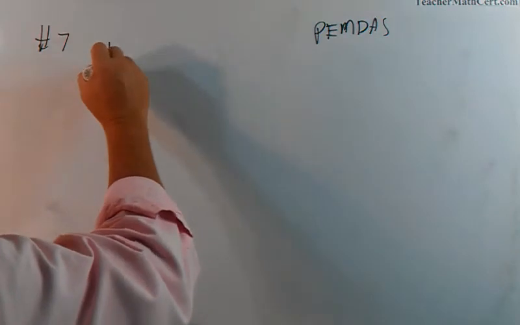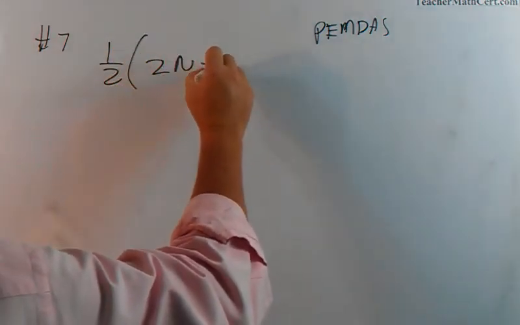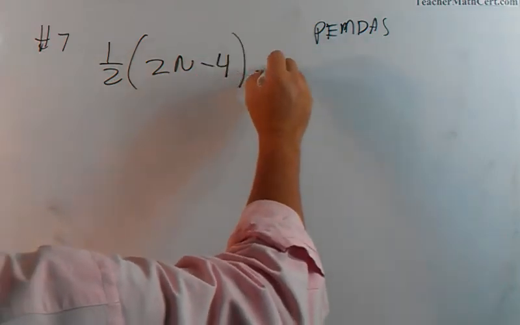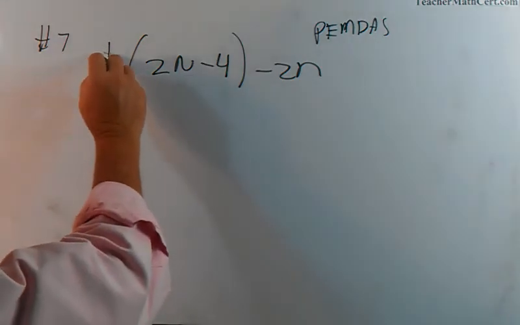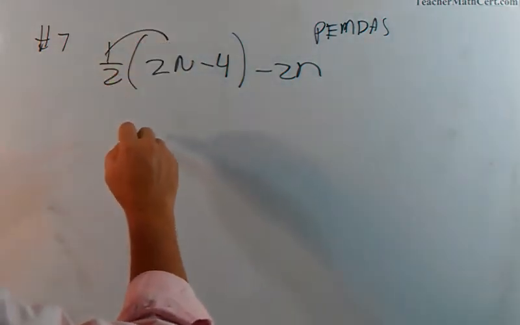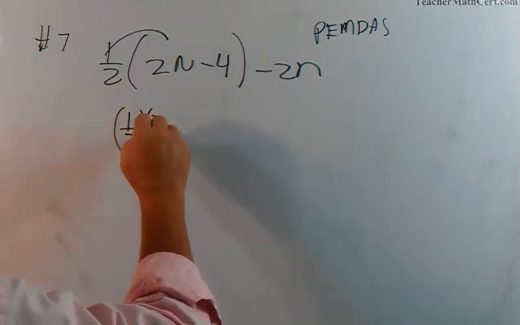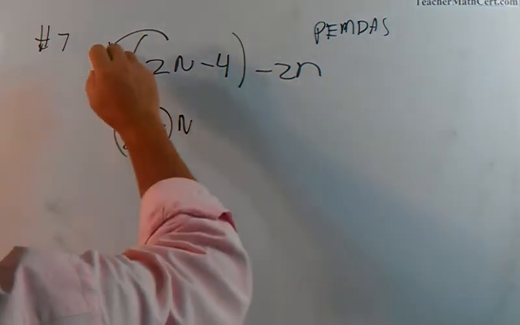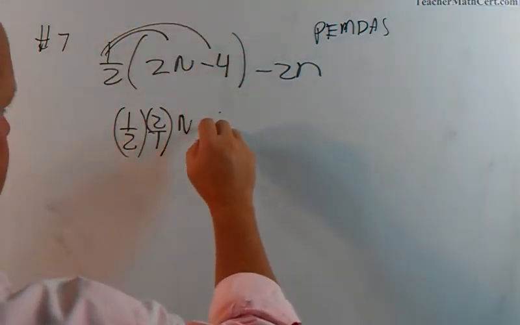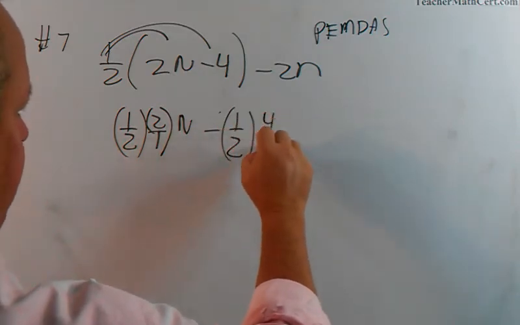Number 7. 1/2 times 2n minus 4 minus 2n. Distribute. 1/2 times 2n is 1/2 times 2 over 1 n, right? 1/2 times minus 4 is minus 1/2 times 4 over 1.